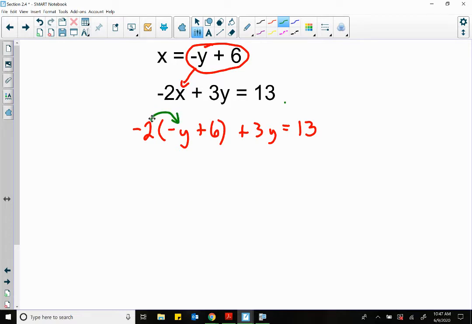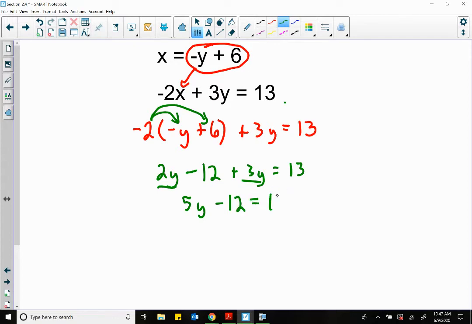We'll do step 4 in this. So -2 times a -y gives us 2y. -2 times 6 is -12. Plus 3y equal to 13. Okay, put like terms together. 2y plus 3y is 5y minus 12 equal to 13.